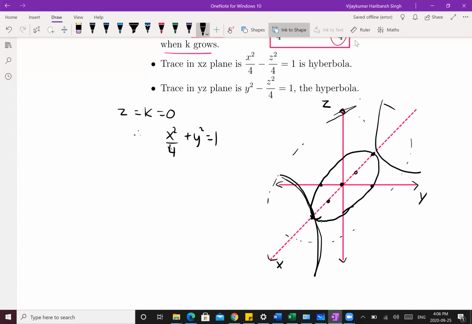Similarly, in the yz plane we also get a hyperbola. Then let's join them nicely.